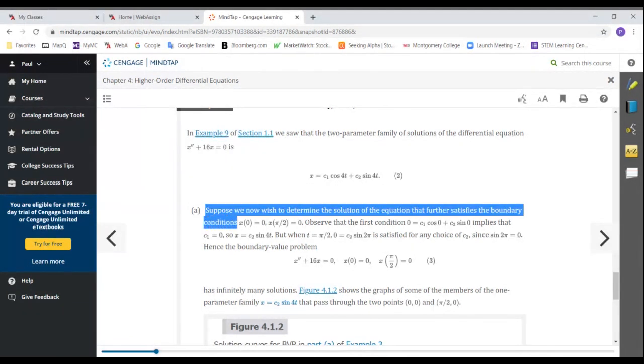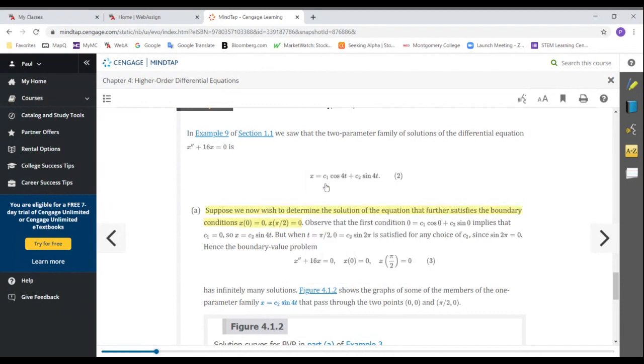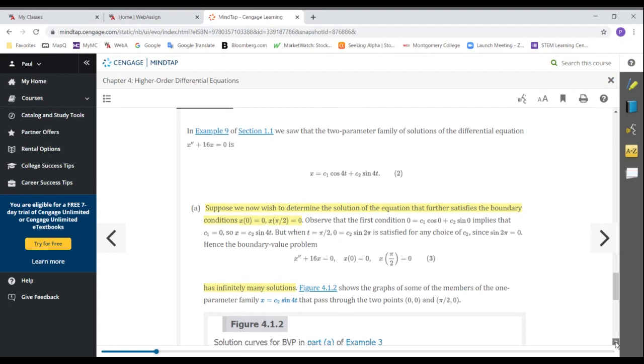But let's suppose that we want to put two boundary conditions on our solution. x of 0 equals 0 and x of pi over 2 equals 0. Well, if you do that, the boundary value problem will actually have many solutions. And you've dealt with problems like that where you have restrictions on the solution, and you have an infinite number of solutions. You don't see it much, but you have seen it.